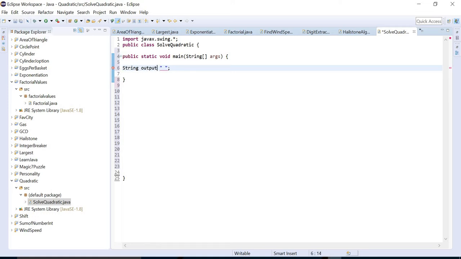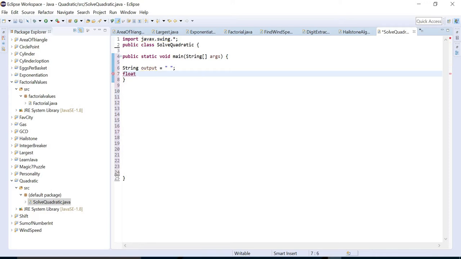I forgot to put equals, but basically for string output we have to have Java swing, okay, for the output part of this. Now we're going to define all of our things, including a, b, and c for the formula.